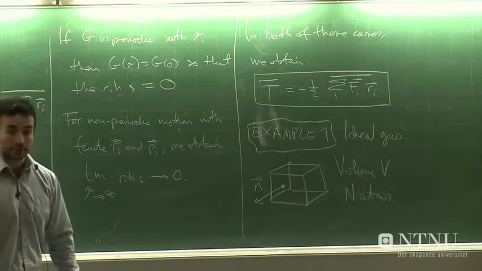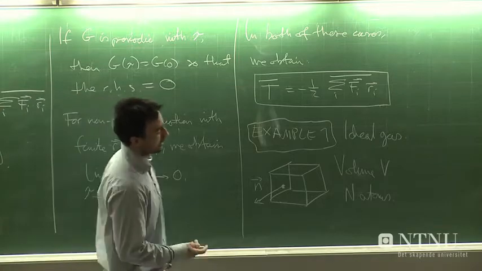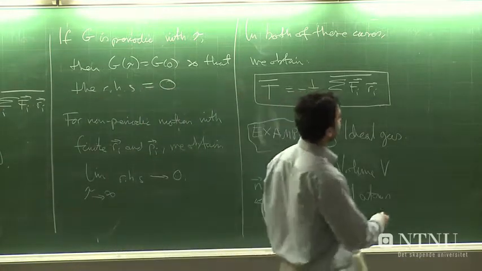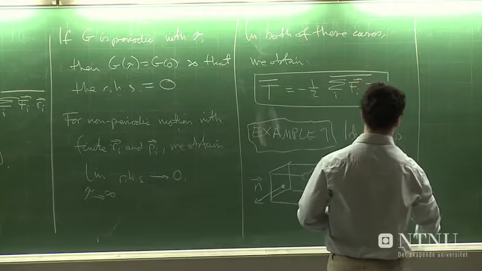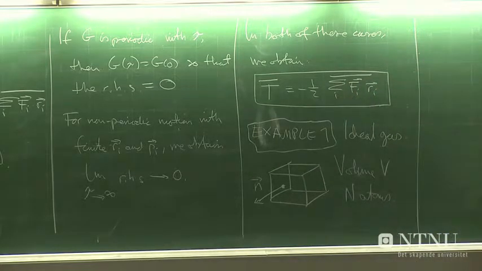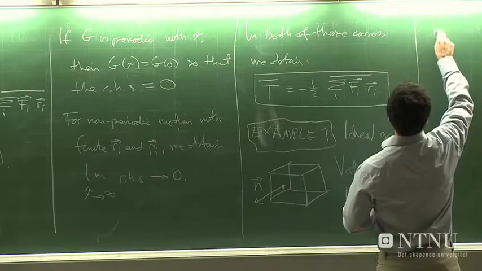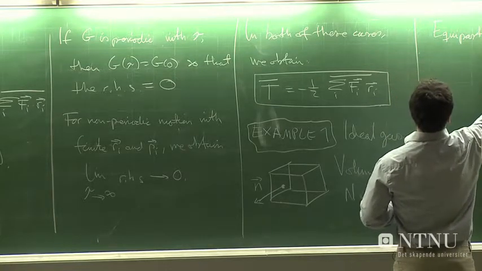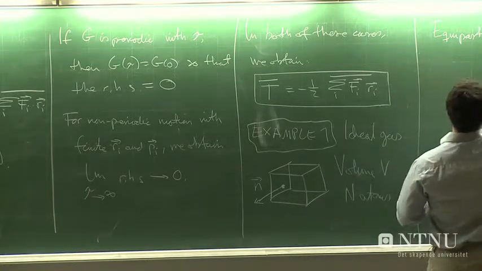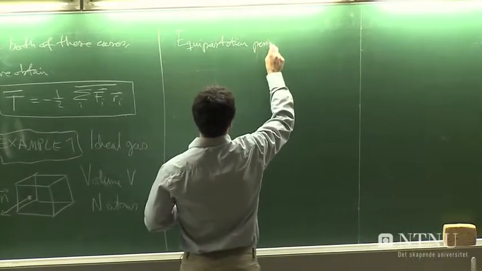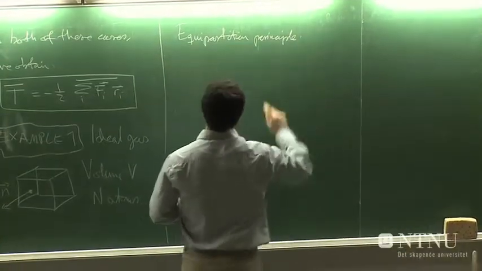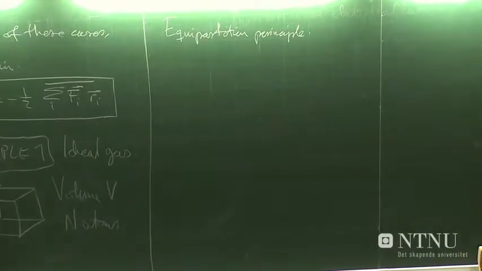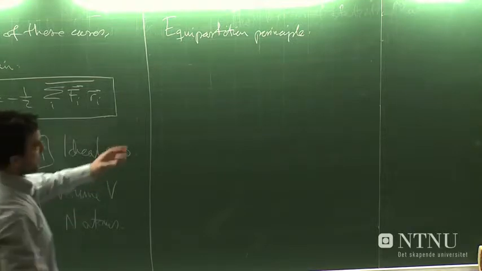And let's assume we have a volume V and a large number N of atoms. How many of you have had thermodynamics? Okay. So you have probably heard of the equipartition principle.